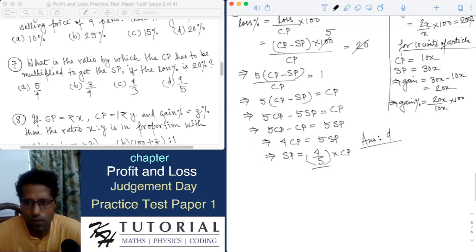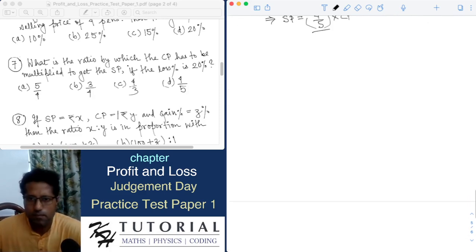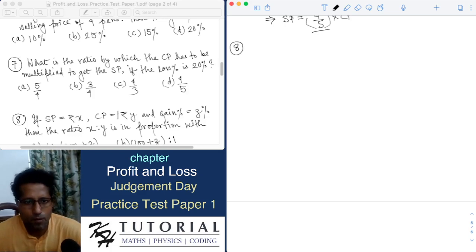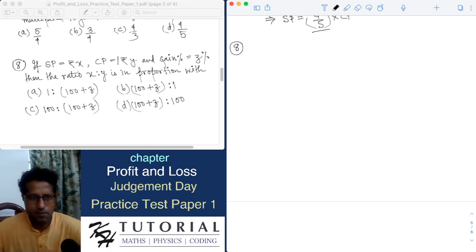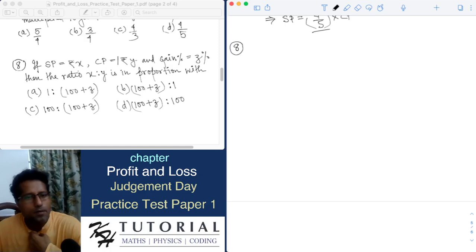Okay, let's do problem number 8. Problem number 8 says, if Sp equals rupees X, Cp equals rupees Y, and gain percent is Z percent, then the ratio X is to Y is in proportion with, which means proportion to ratio are in proportion when they are equal.